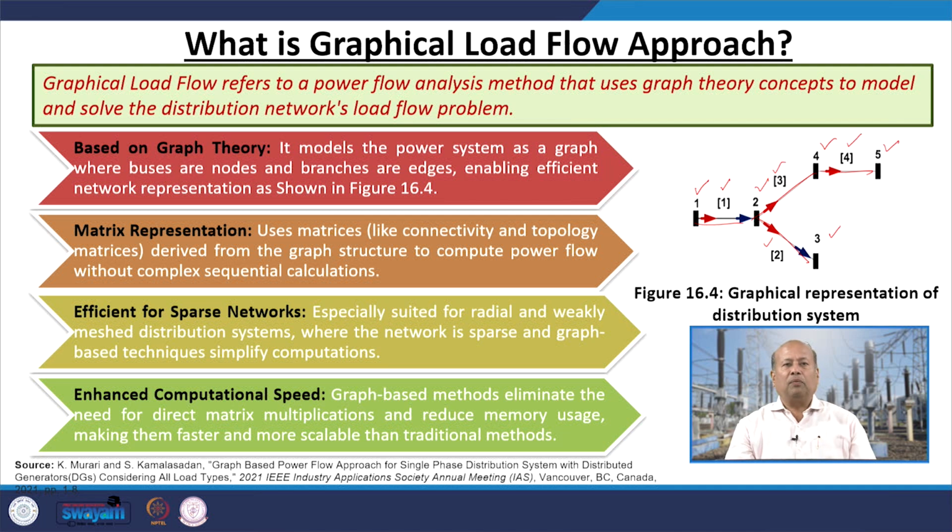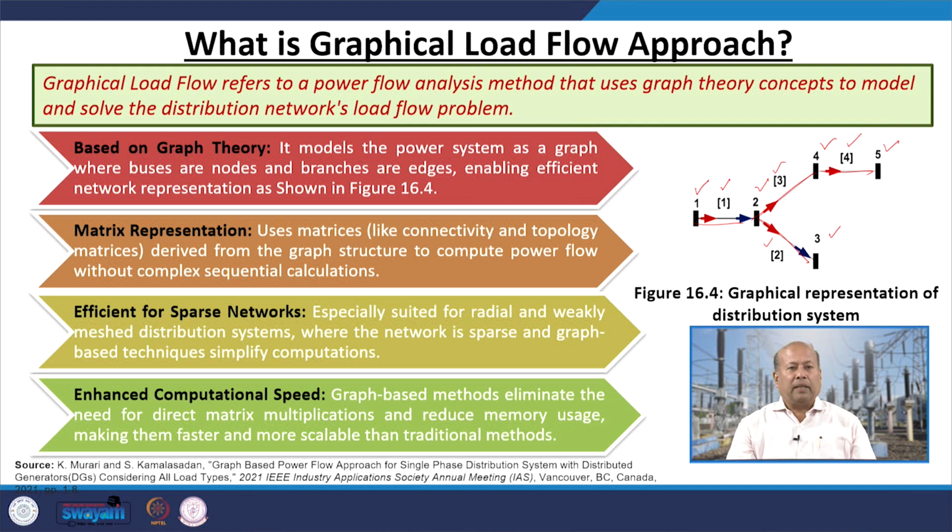Now, graphical load flow refers to a power flow analysis method that uses graph theory concepts to model and solve the distribution network's load flow problem. Based on graph theory, it models the power system as a graph where buses are nodes and branches are edges, enabling efficient network representation as shown in figure 16.4.